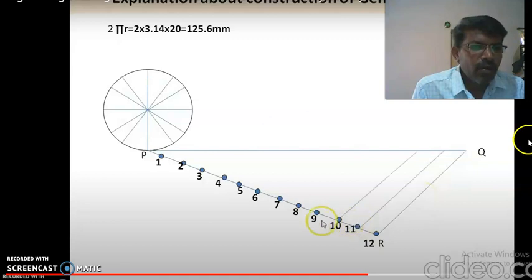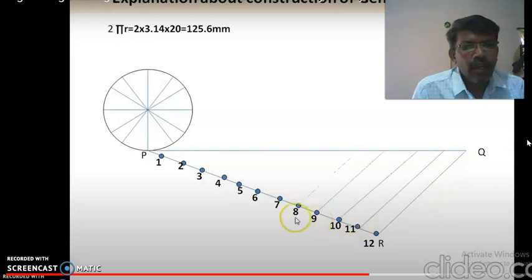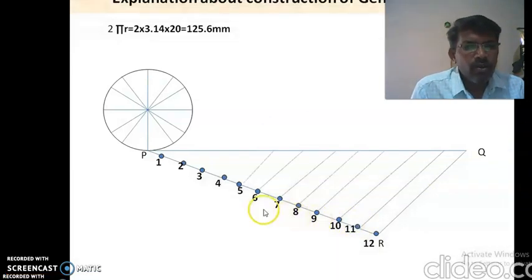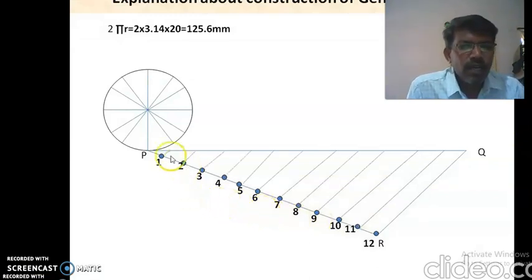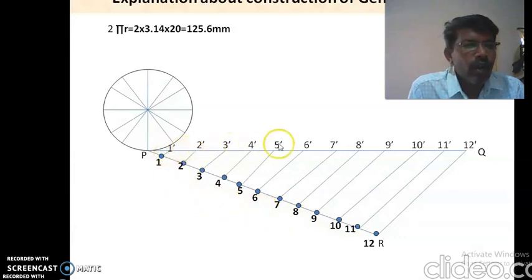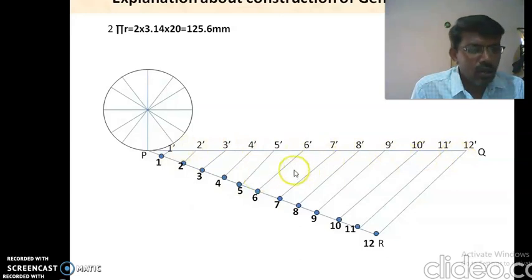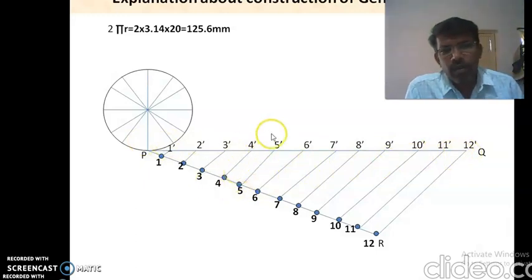Now 10, 9, 8, 7 like that. So divide all these lines into equal parts and give the numbering 1, 2, 3, 4 like this. Put it as 1 dash, 2 dash, 3 dash up to 12 dash. So now this is equal divisions of P and Q into 12 equal parts.